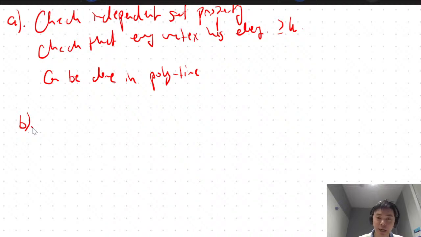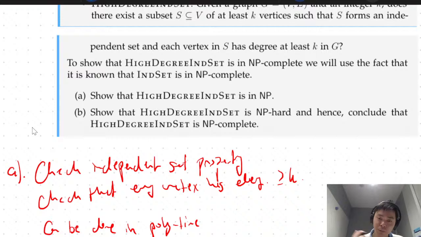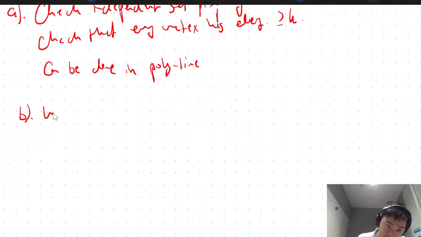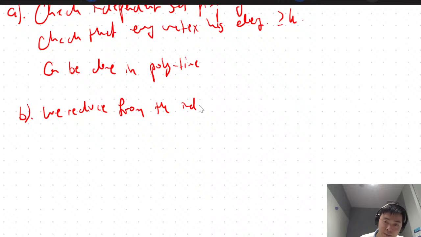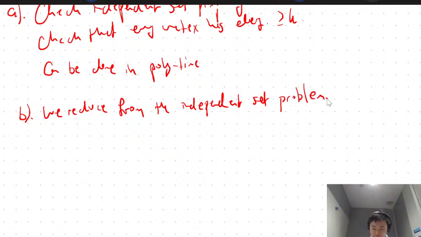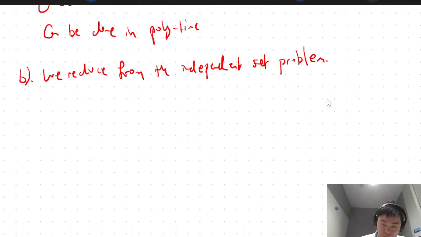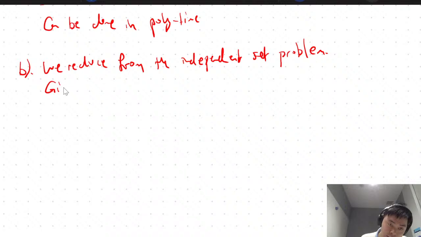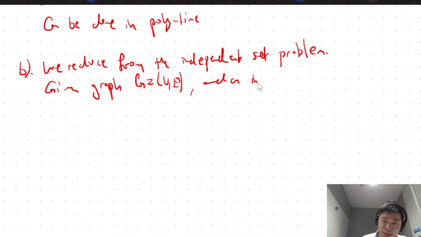Now we need to show that it's NP hard. So what we're going to do is reduce from the independent set problem, and we know independent set is NP complete. So the independent set problem has two inputs: a graph and an integer k.